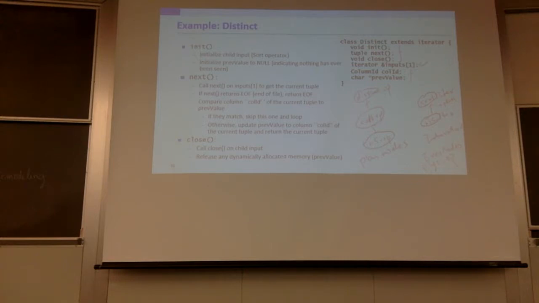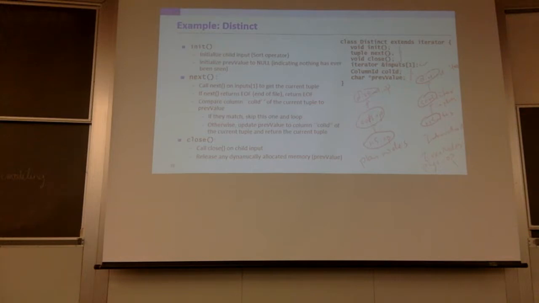So you set the input of your sort iterator to the heap scan iterator. That's how you do that. Then finally, for the distinct operator, you create a distinct iterator, and again, the input of this distinct iterator is set to the upstream iterator, which is the sort iterator. That's how you actually initialize the fields here.